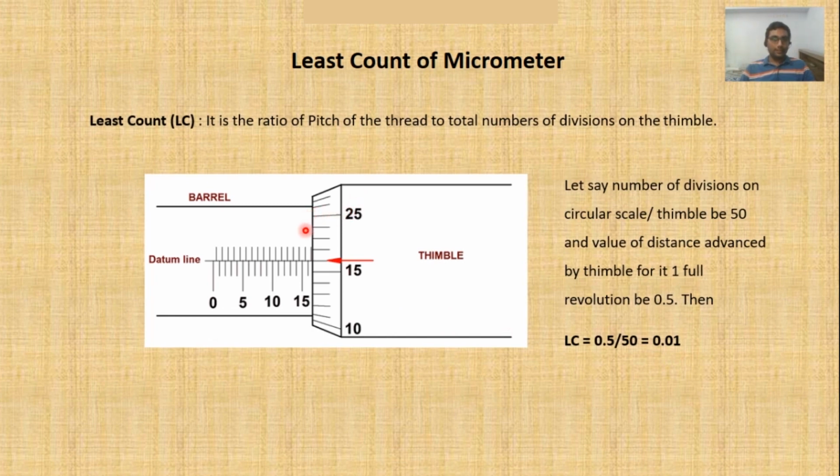So again, let's understand how the least count is calculated. As we know, for a full revolution of the thimble, the thimble advances 0.5 mm. So you can also say that 0.5 mm is equally divided into 50 parts. So the value of one part, that is the least count, will be 0.01.